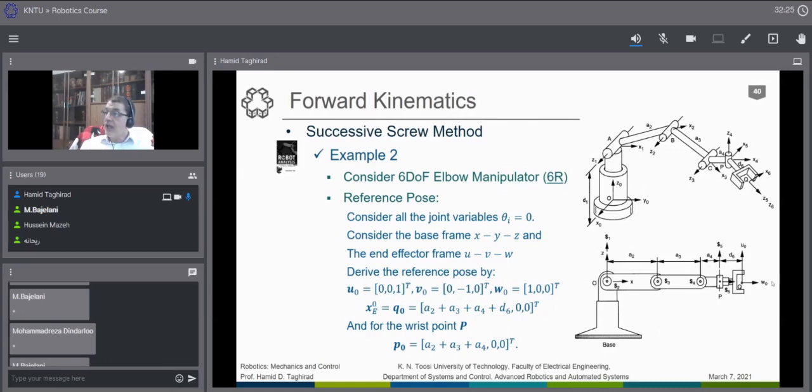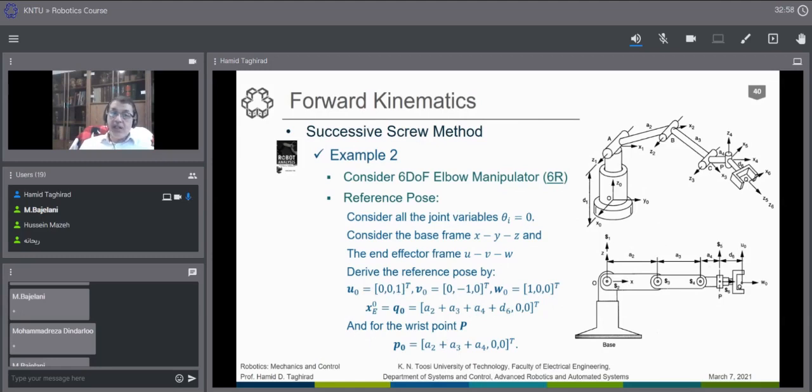W is along X, and if you have U, V, W, V is outward of the plane, so it is along minus Y, when Y is inside that. Of course, if you use P, this offset D value is not apparent here, and we can work with both of them. We can use the golden successive screw mapping for both P and Q.